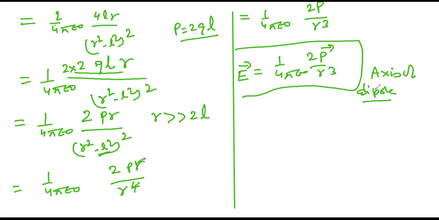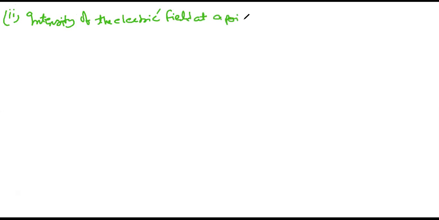There is a second derivation now. Second part is the intensity of electric field at a point on the equatorial line.